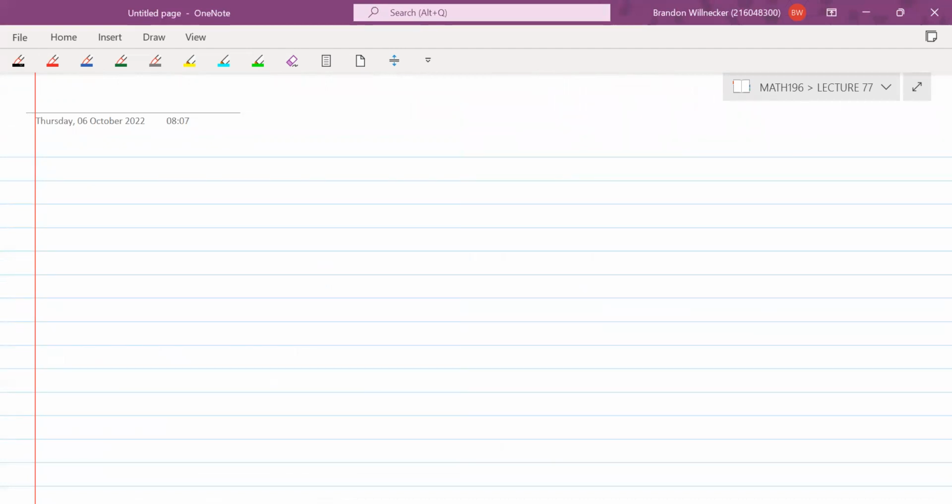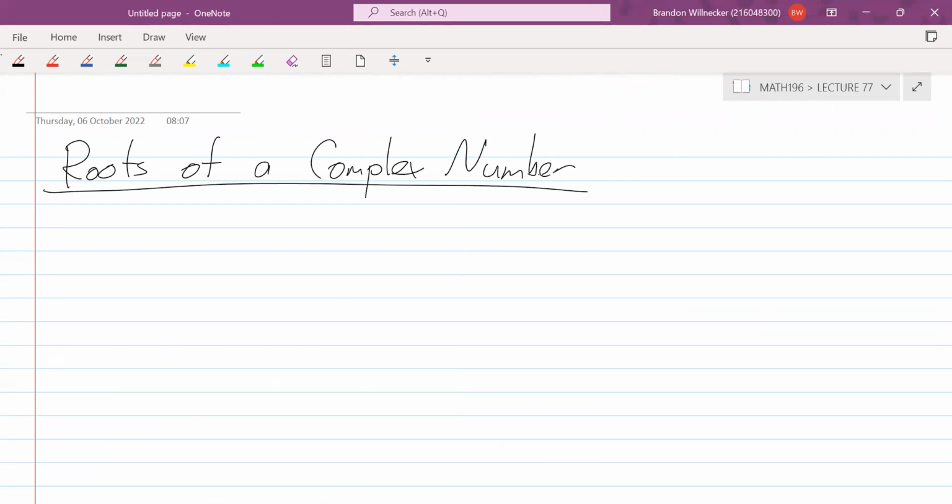So if n is a fraction, then we're dealing with finding the roots of a complex number, something like the square root of z or the cube root of z and so on. The method for finding the roots of a complex number is very similar to finding the power of a complex number.